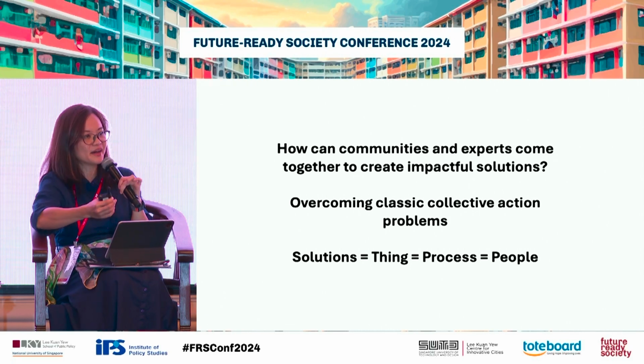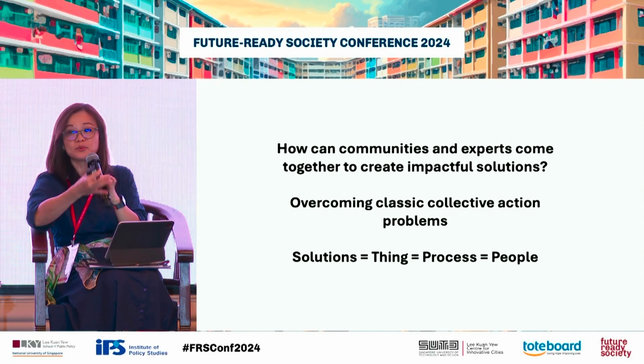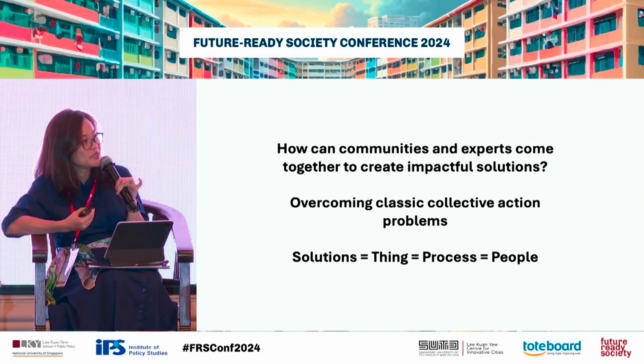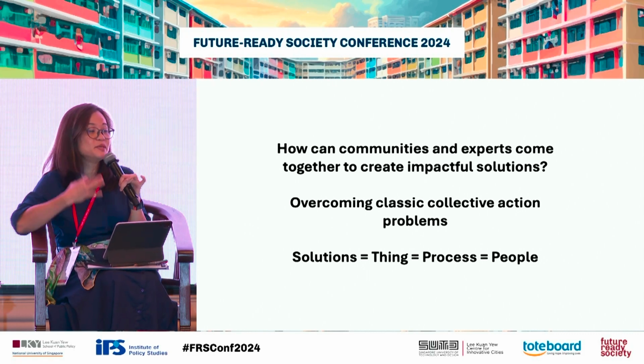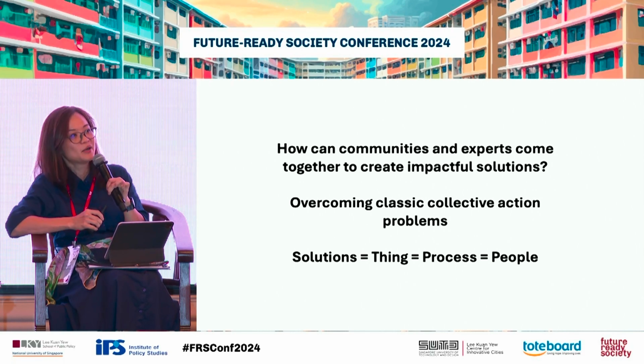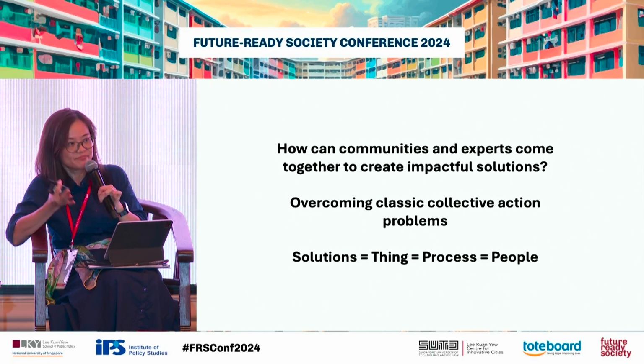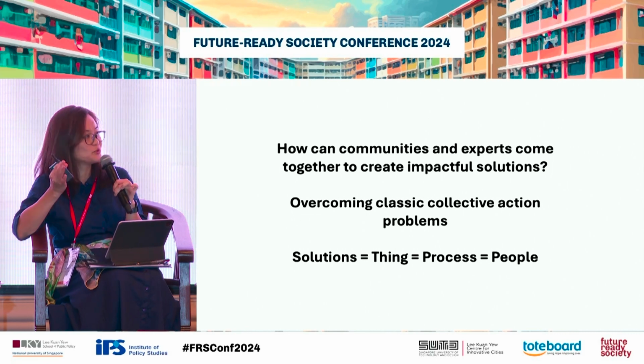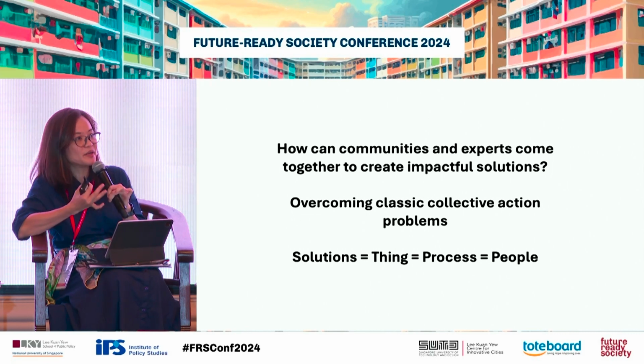Could be a product, could be a service, could be a new program. But solutions to me is also very much about the process and also about people as part of the solution. So I think, in terms of answering the first question, really, to me, the big question is how do we actually also let people come together?